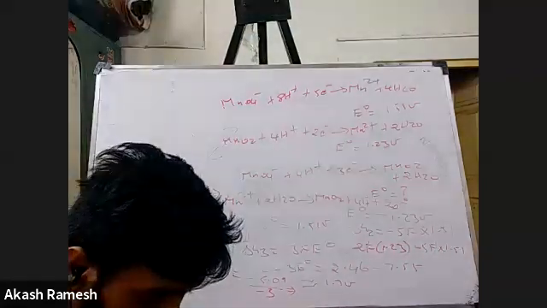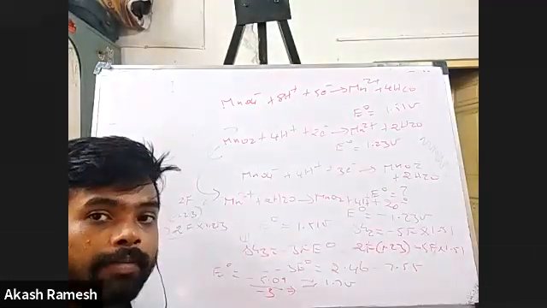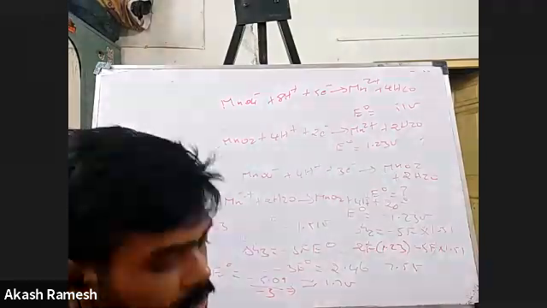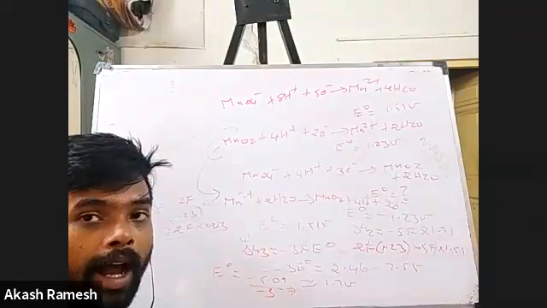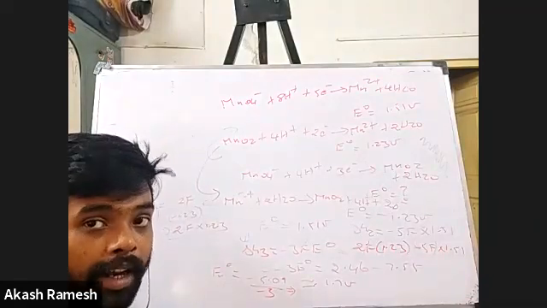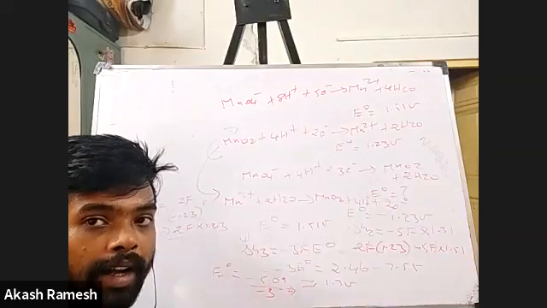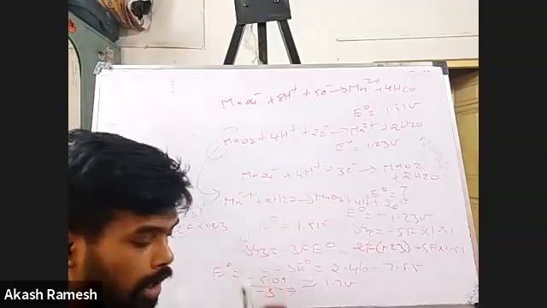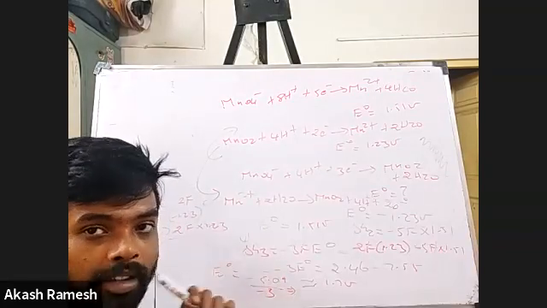That is, whatever E naught values are given in the question can be directly added or subtracted. But if there are electrons, you have to do it like this only. Convert them into delta G, then find the delta G of the third equation, then convert into E naught. That is what you have to do. But if it is a reaction where there are no electrons, you can directly add or subtract it.